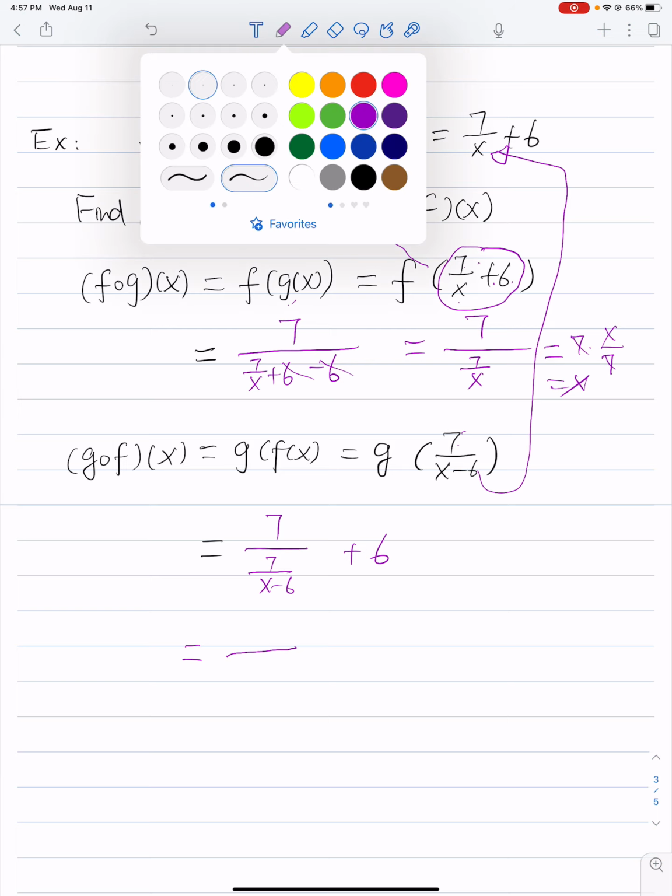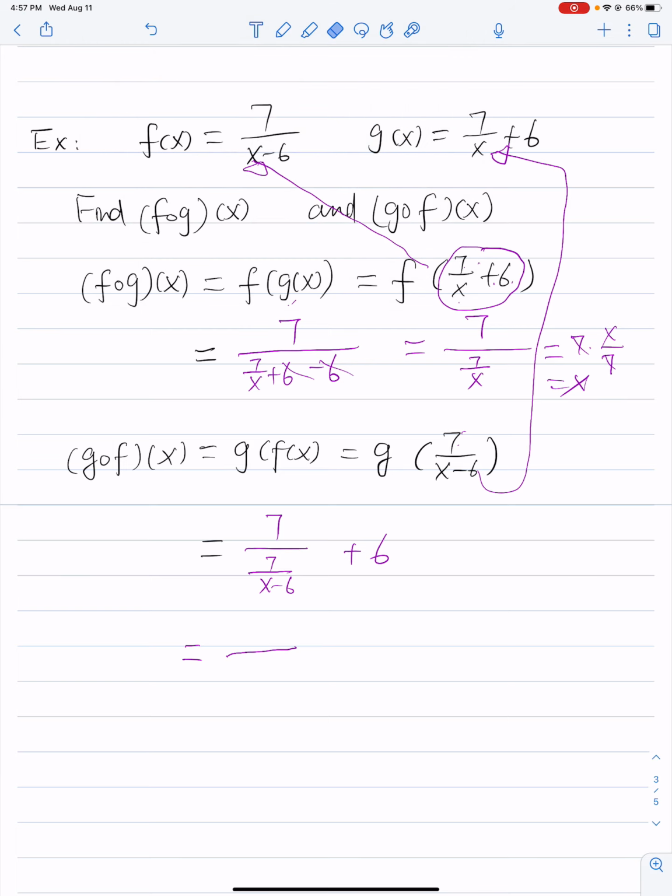When you divide fractions, what will you do? Multiply by the reciprocal, yeah? So 7 times x minus 6 over 7. 7 is 7 over 1, yeah? So the 7 will be cancelled. So what you have is x minus 6 plus 6, equal to x.